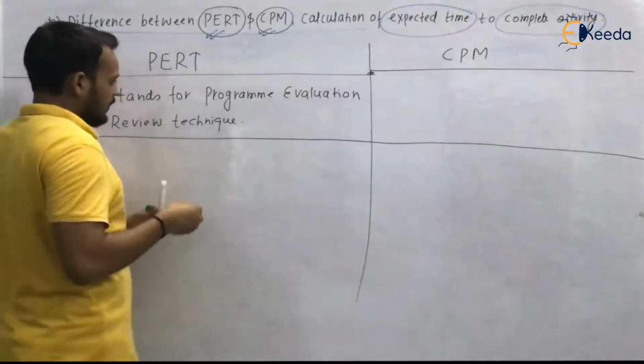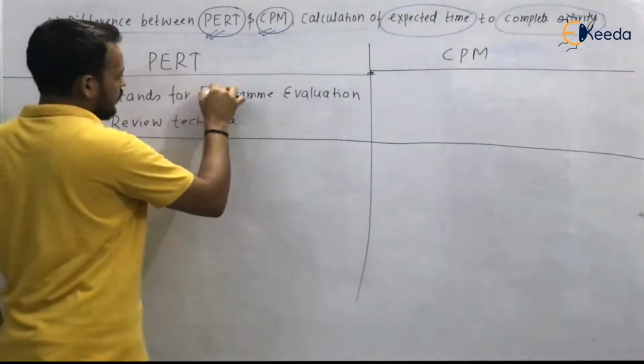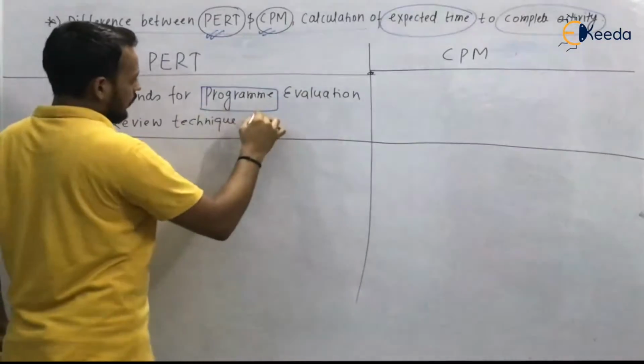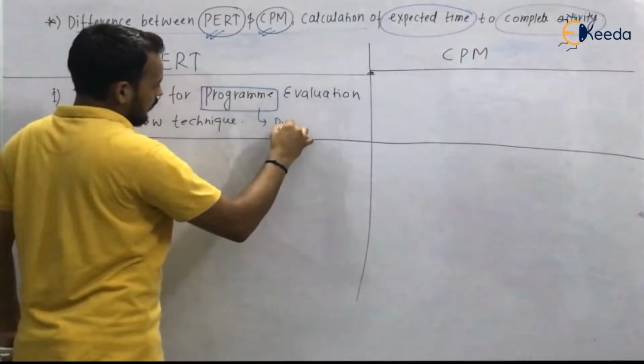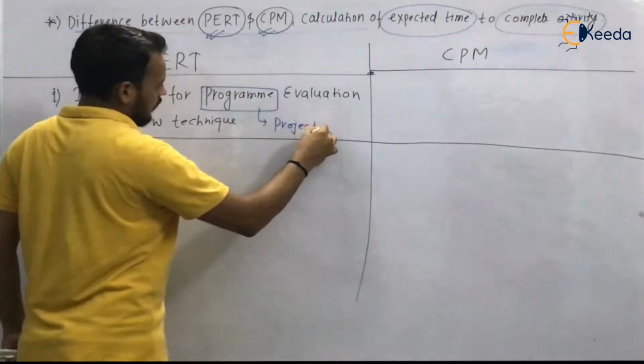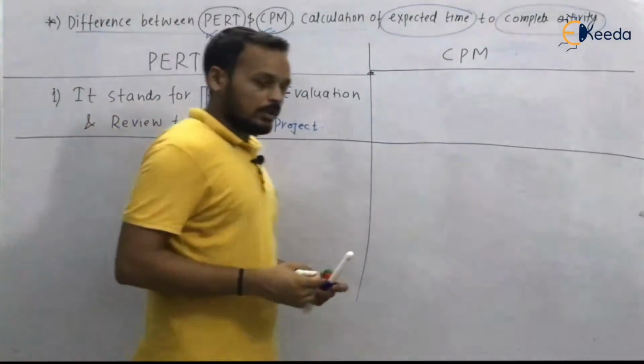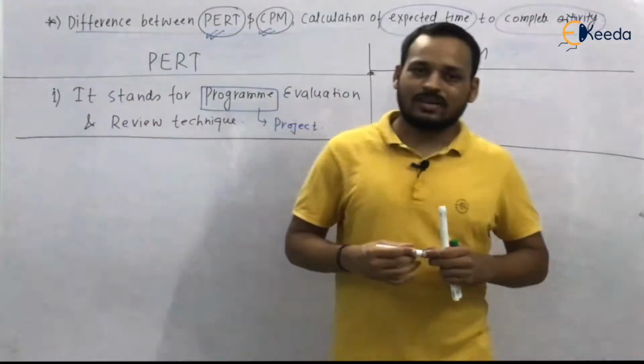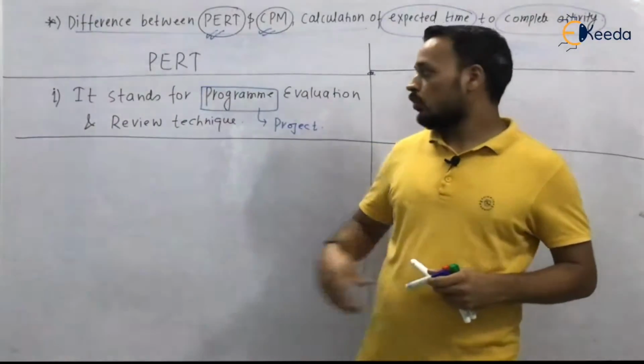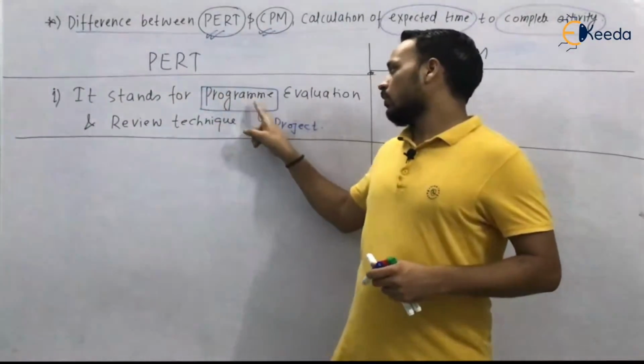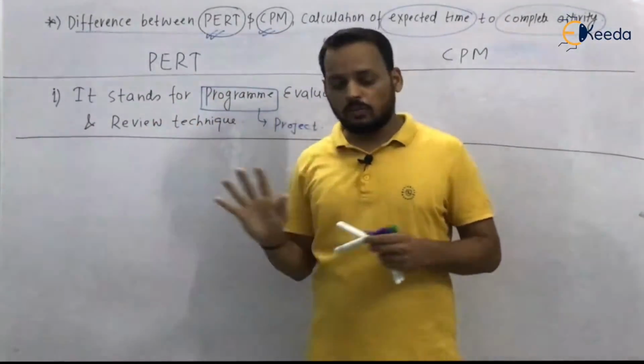At some places, this word program may be replaced with project. So you can also say that PERT stands for project evaluation and review technique, and also you can say that PERT stands for program evaluation and review technique.